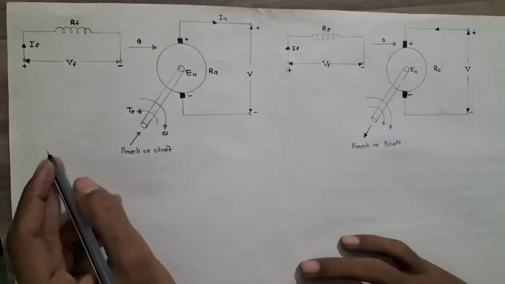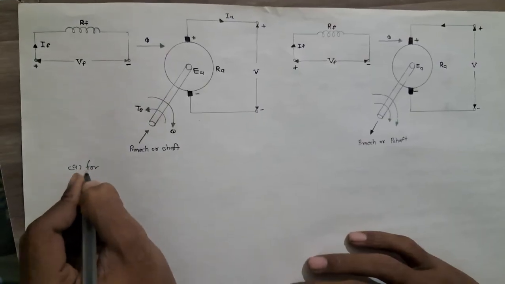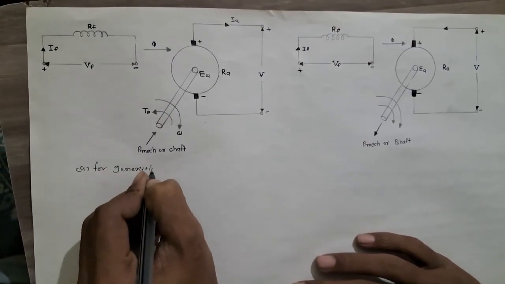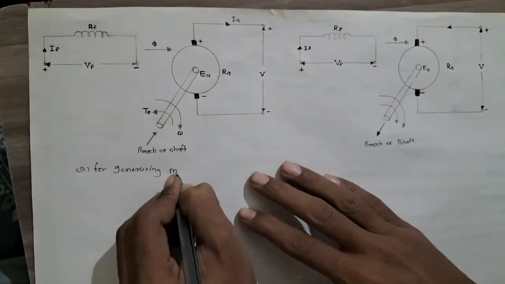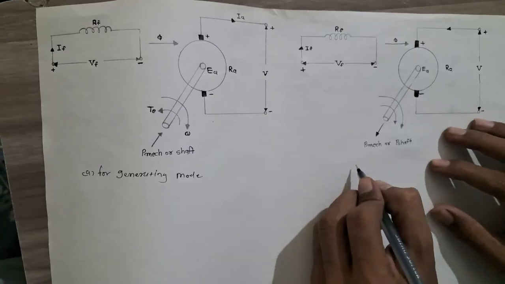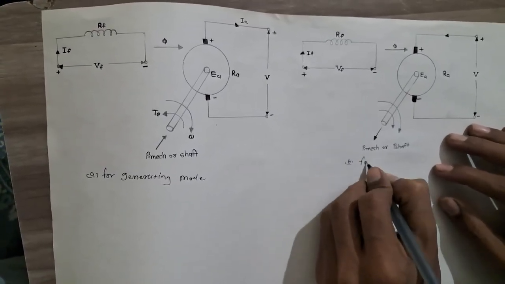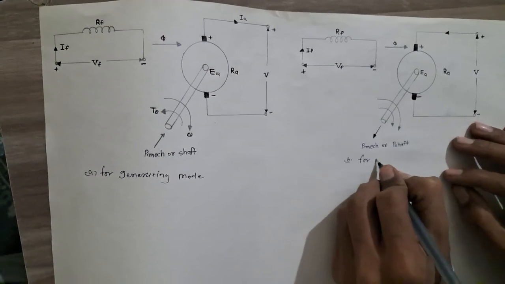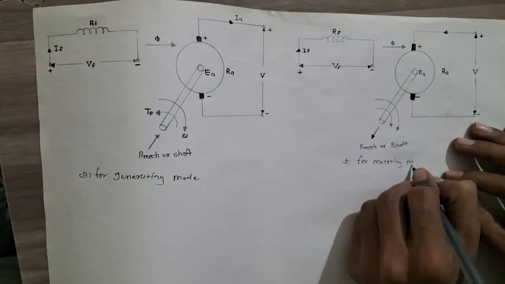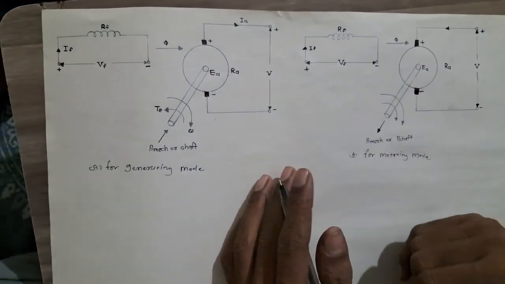I am writing the equation for generating mode, and the second is for motoring mode. This is the circuit of the DC model.